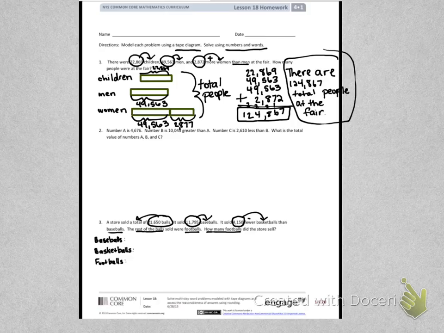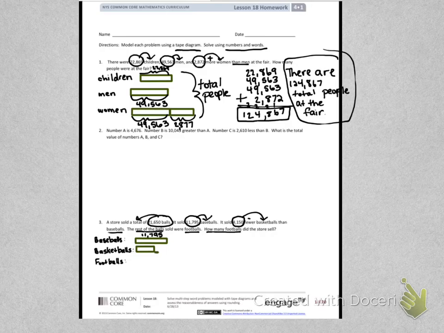The problem gave us how many baseballs were being sold. There were 11,795 baseballs sold. So let's go ahead and mark that. 11,795. But then there's information that says it sold 4,150 fewer basketballs. So we don't know how many basketballs we sold, but we know that it's less than the baseballs.